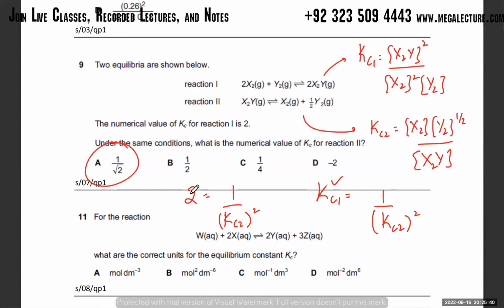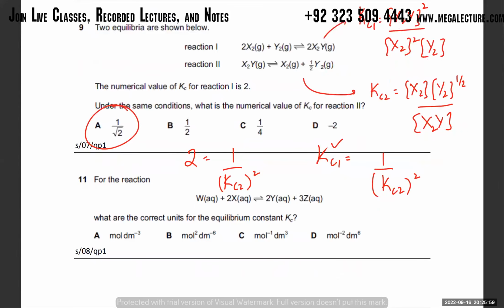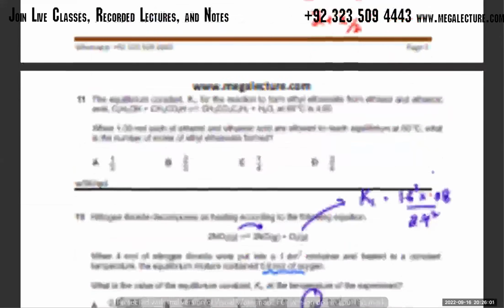Take this to the other side, 2 comes here. Take the under root, and Kc2 will be under root 1 over 2. Is that clear? Yes, sir.